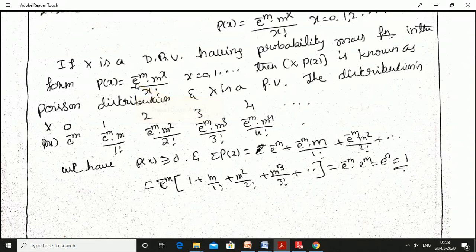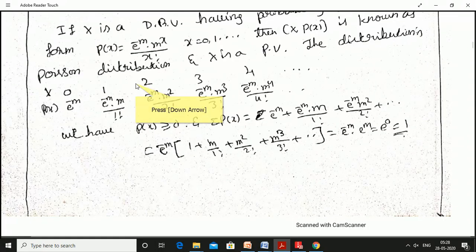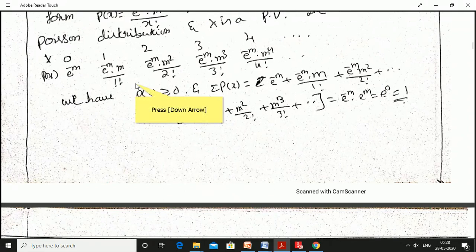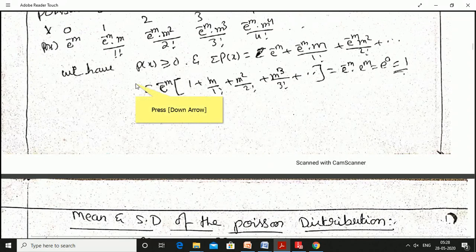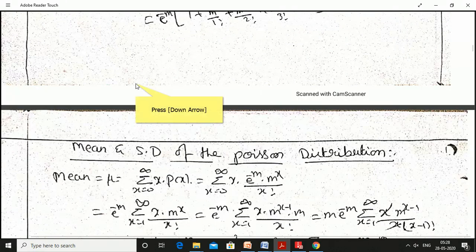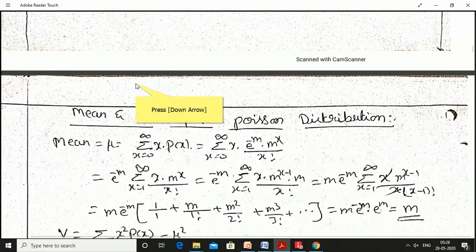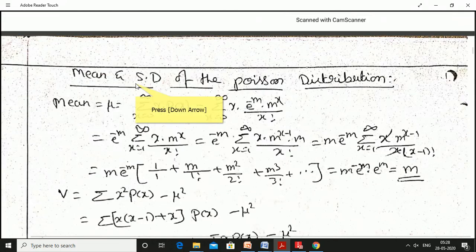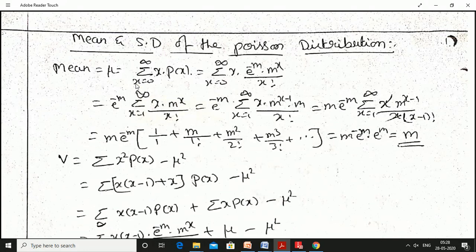Okay. What is its mean and standard deviation? No need to learn this derivation.